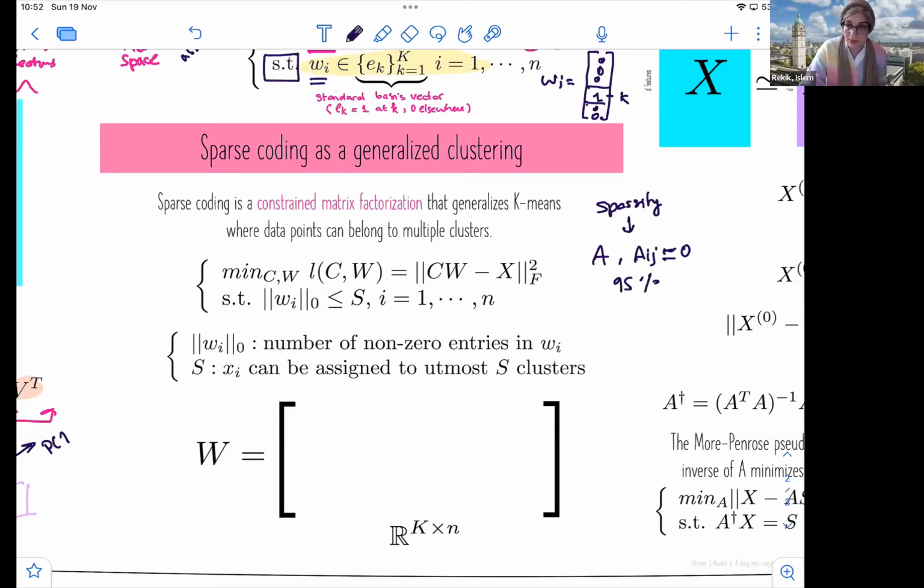So I have a lot of 0s. My matrix is sparse, okay? Sparse coding is considered a constrained matrix factorization tool that generalizes K-means, where data points can belong to multiple clusters. That's a very nice kind of constraint, which means we have overlapping clusters now.